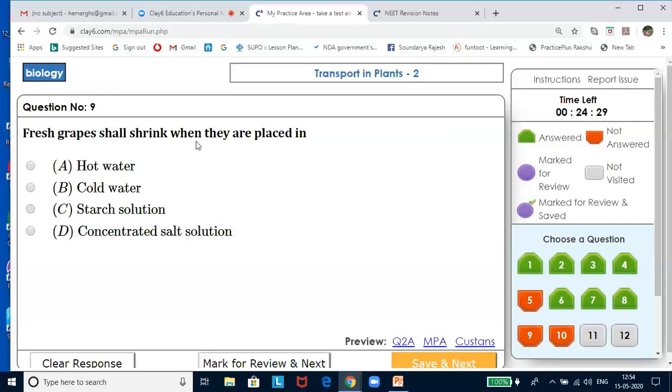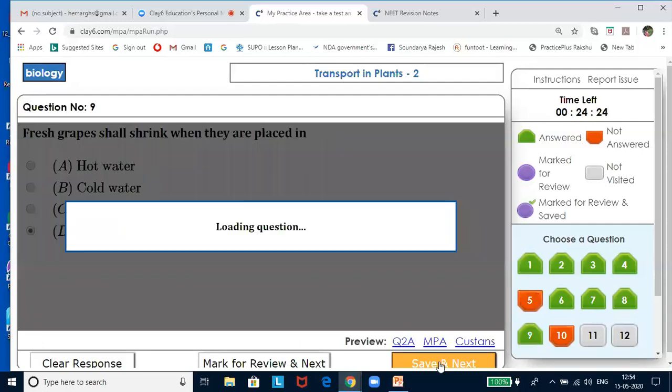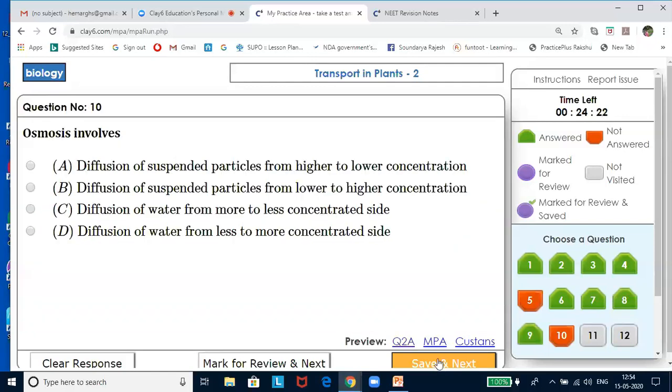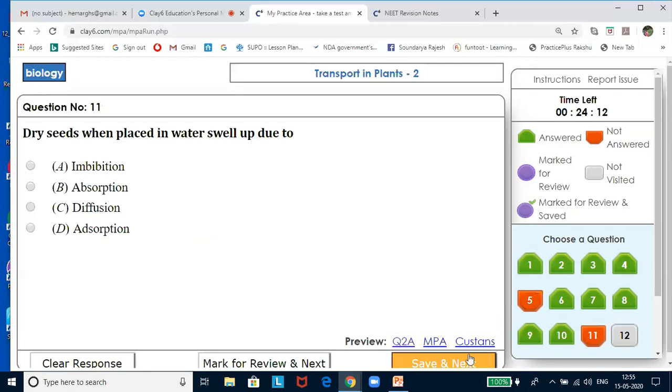Fresh grapes shall shrink when they are placed in concentrated salt solution. Now, osmosis involves diffusion of water from less to more concentrated side. Now, dry seeds, when placed in water, swell up due to imbibition.